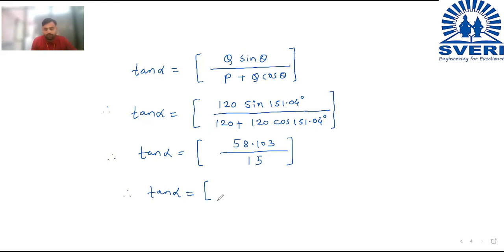Okay. So this works out to be 3.87 something. Yes, sir. Correct. So therefore now alpha is equal to tan inverse of this. Tan inverse of 3.87.